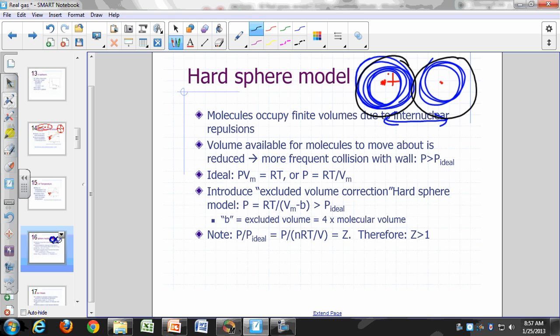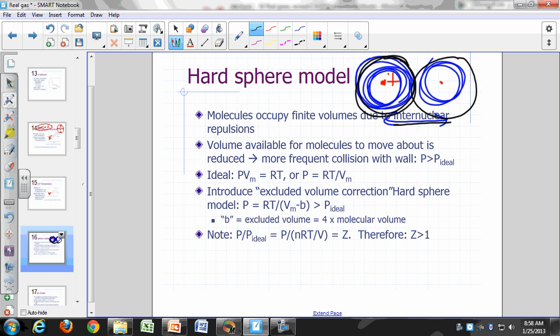So the finite volume that we think of as occupied by a molecule has to do with the intermolecular repulsions. When they're as close as possible, you can use that to estimate the size of your molecules. So you can think of molecules as just spheres.